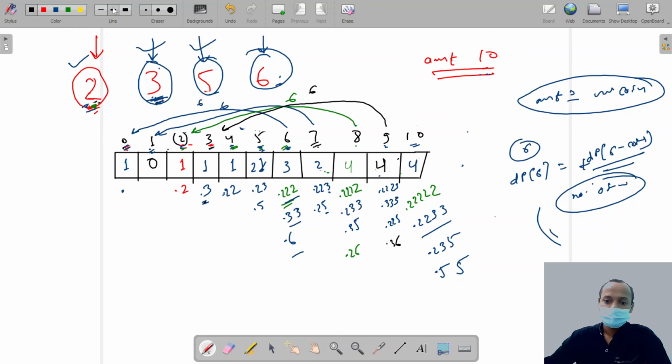Now we have to pay 10 rupees using a 6 rupees coin. We reach 4, and there is a way to pay 4, that is 2 2, and we are adding 6. This is the way to pay 10. The total number of ways to pay 10 rupees is 5.